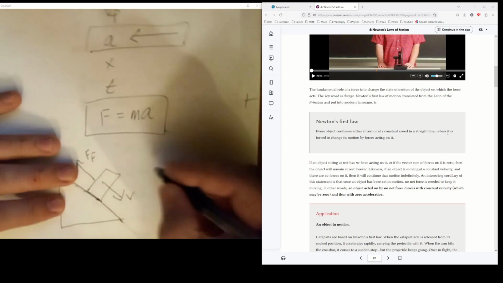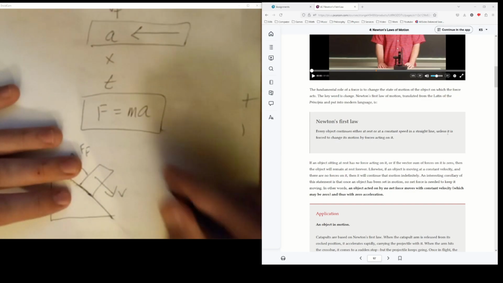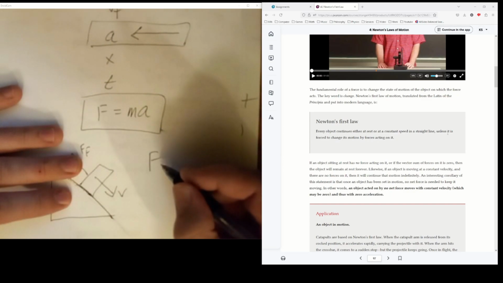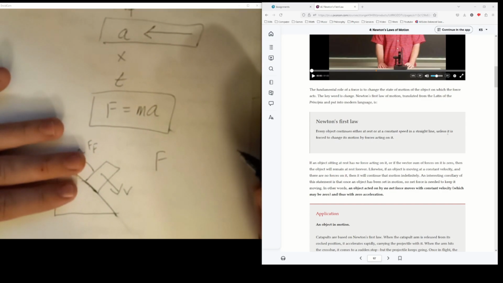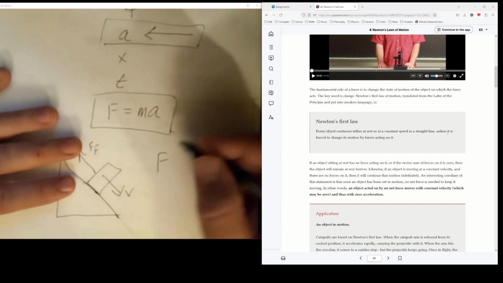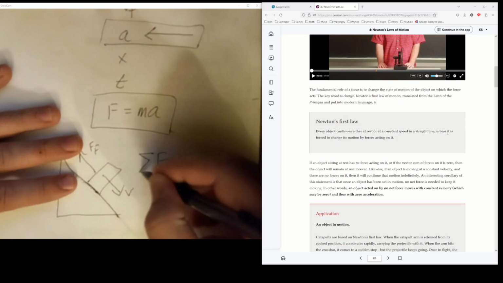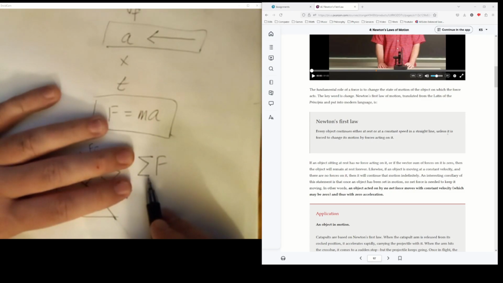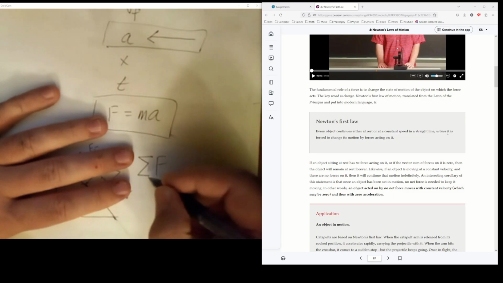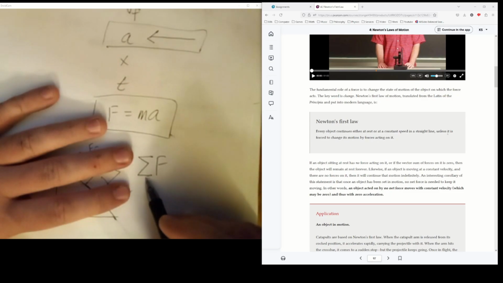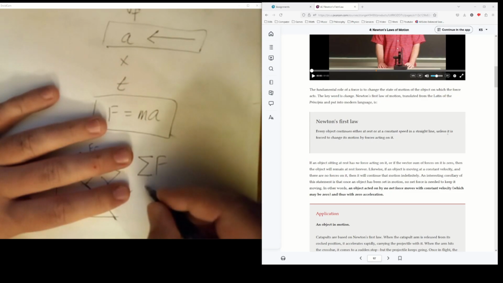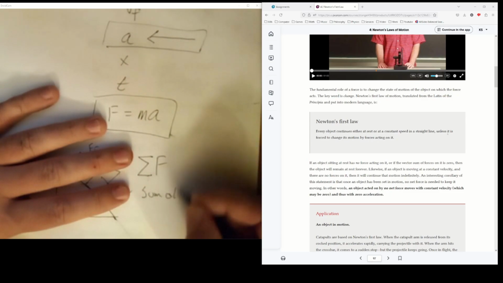And something that can happen here is you could add all your forces together, and there is a new symbol here that we're going to be seeing. It's in the book too. It's the math symbol, the summation symbol. Now, physics uses the summation symbol in a very lazy way. It just means sum together. So this means just sum all forces.